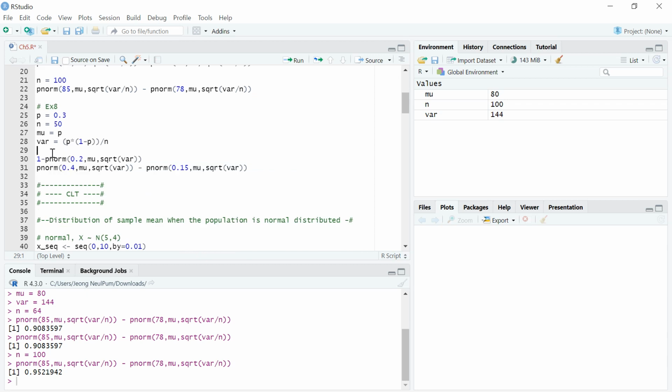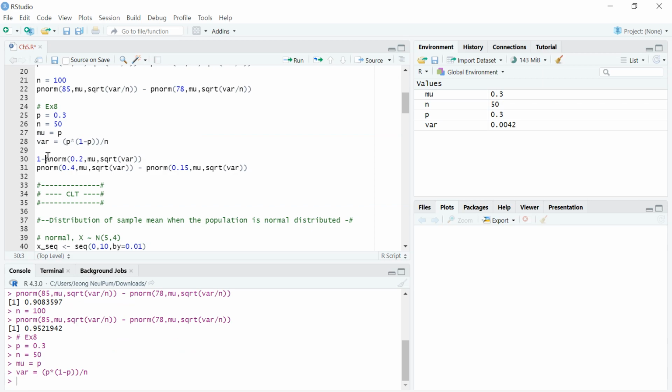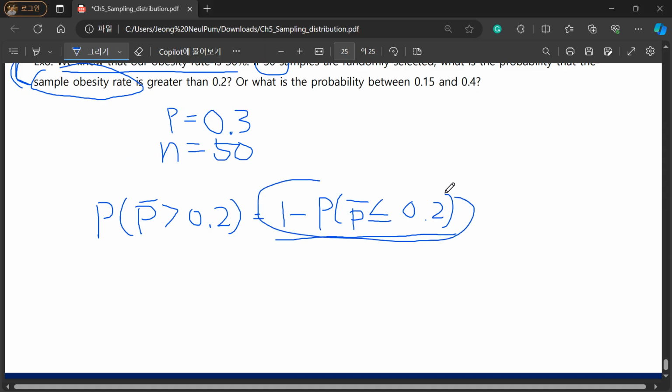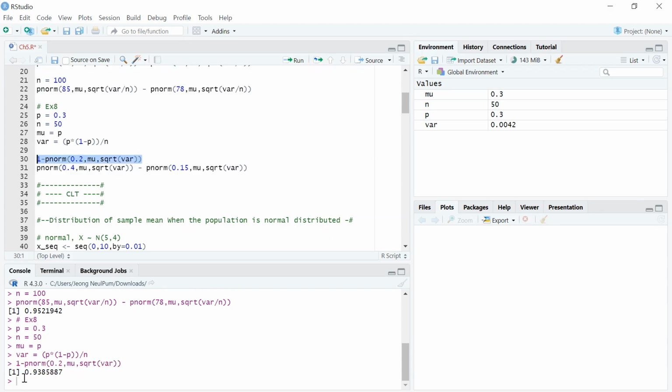We can put the mu and the square root of the variance here after calculating the parameters, and just subtract the result of the pnorm function from 1, so that we get this value, which is the answer.